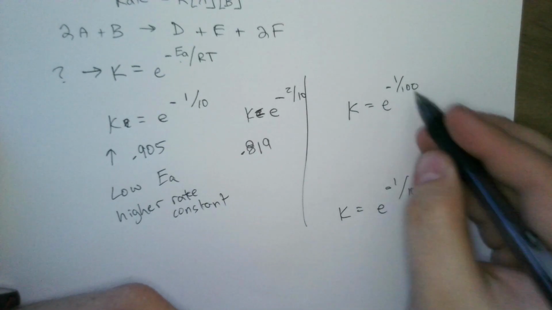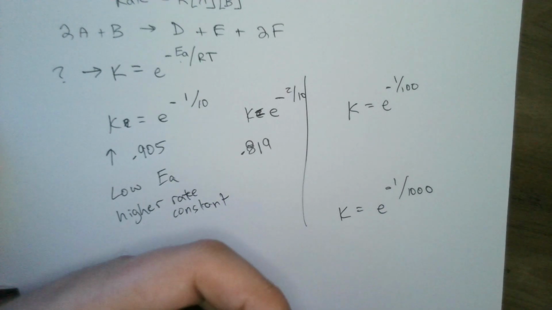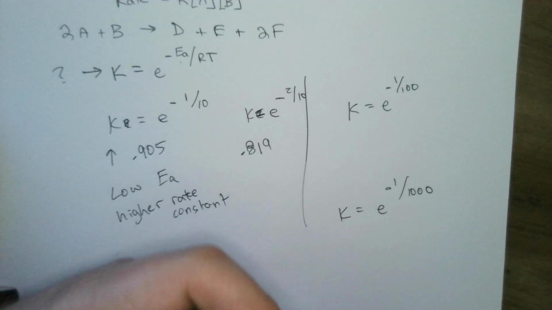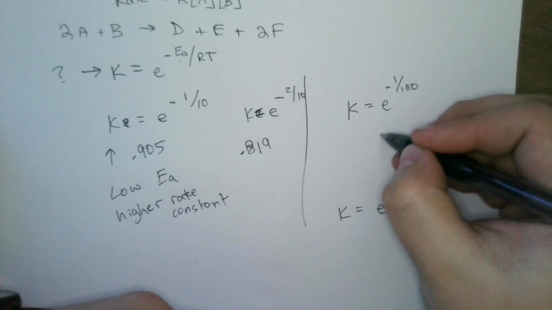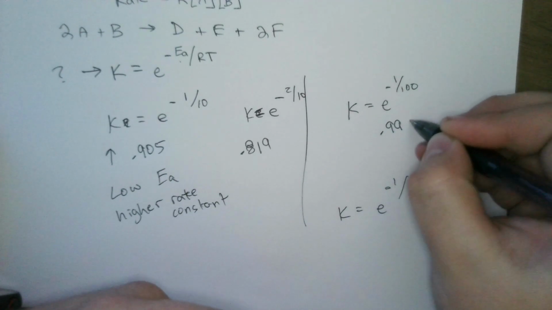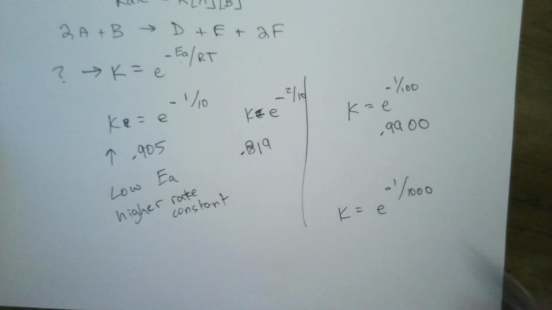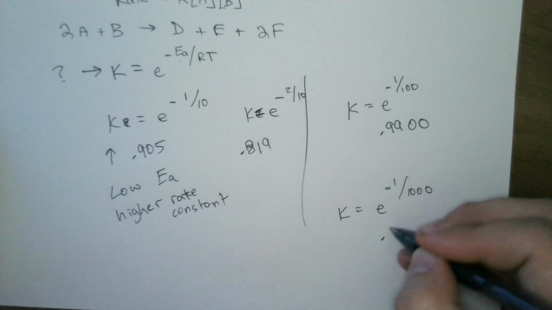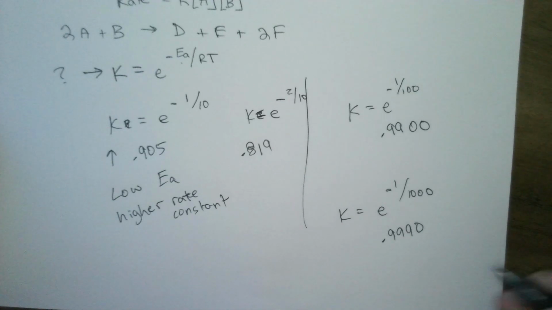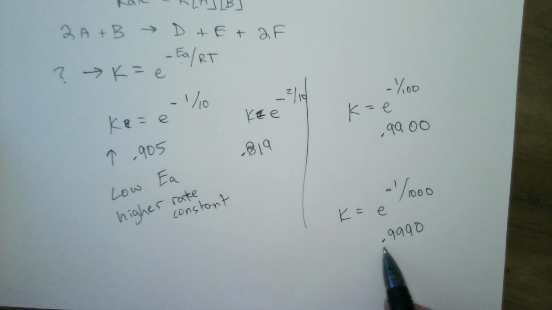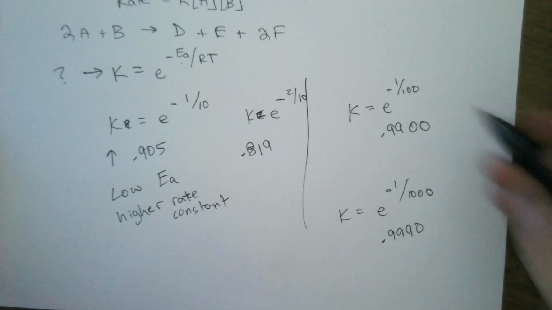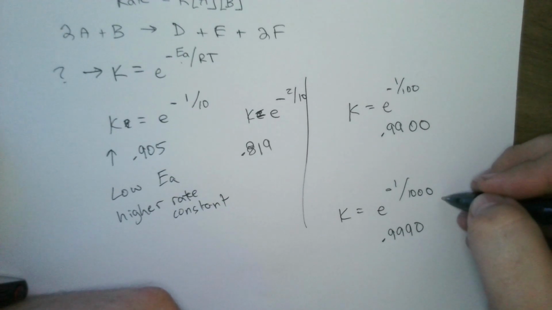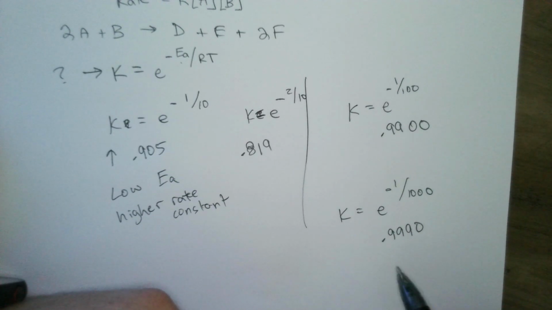So the top one, this is at the cooler temperature. It's negative 0.01. My K is equal to 0.9900. The bottom one, and okay, I picked really bad numbers for this, but it's going to come out to 0.9990. Basically, my temperature goes up by 10, my rate constant goes up as well.